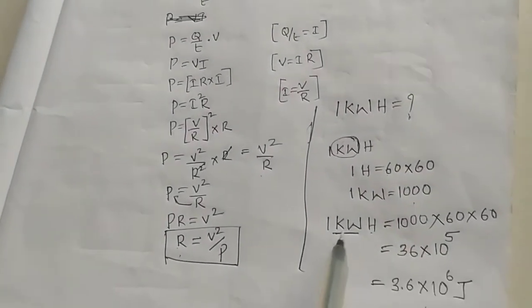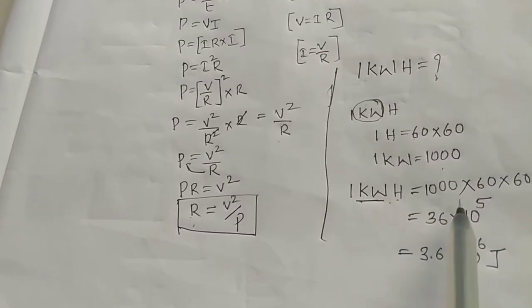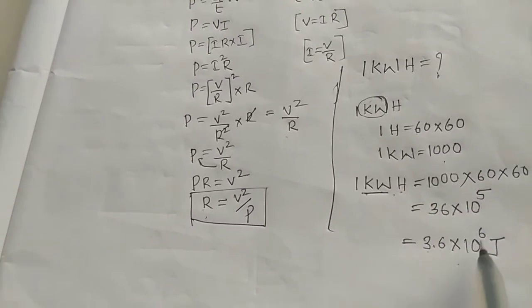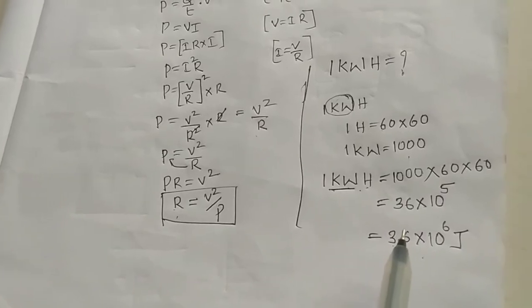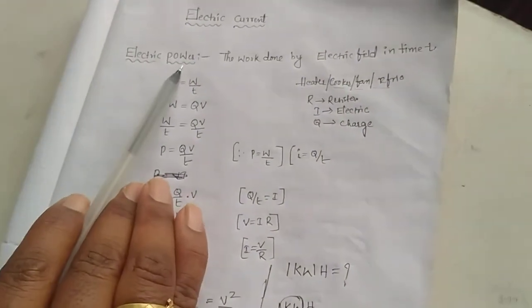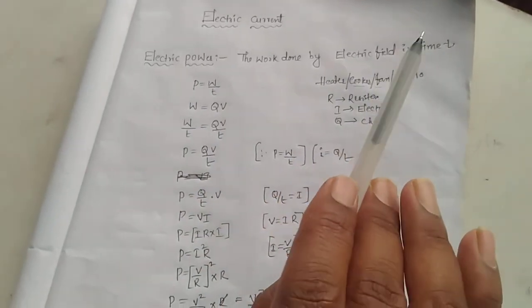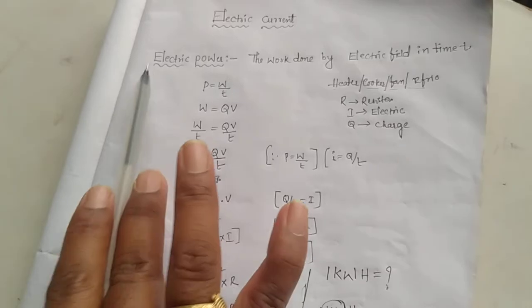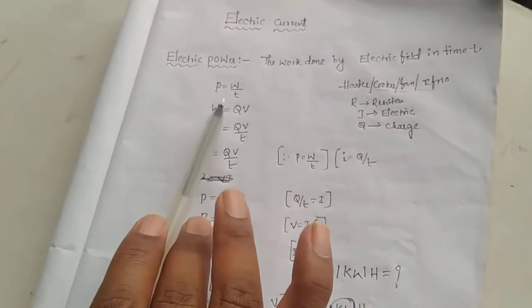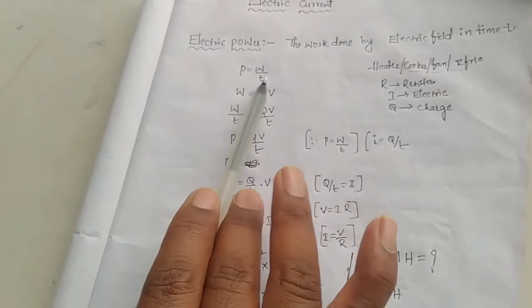So electric energy is measured in kilowatt hour. The value of 1 kilowatt hour is equal to 3.6 into 10 to the power of 6 joules. It is very important. The definition: the work done by the electric field in a particular time t is called electric power, or simply the rate of work done is known as electric power.